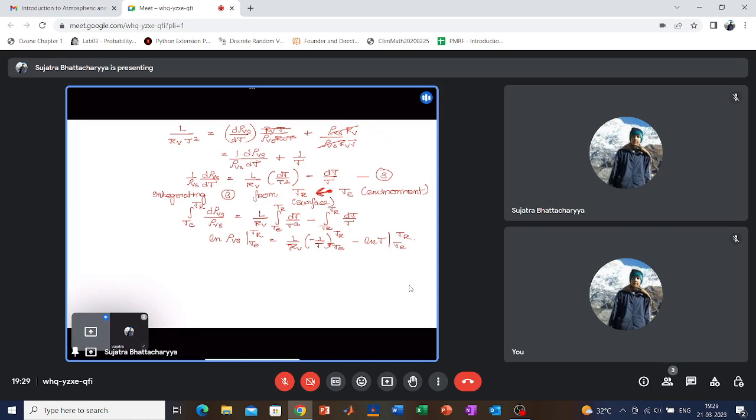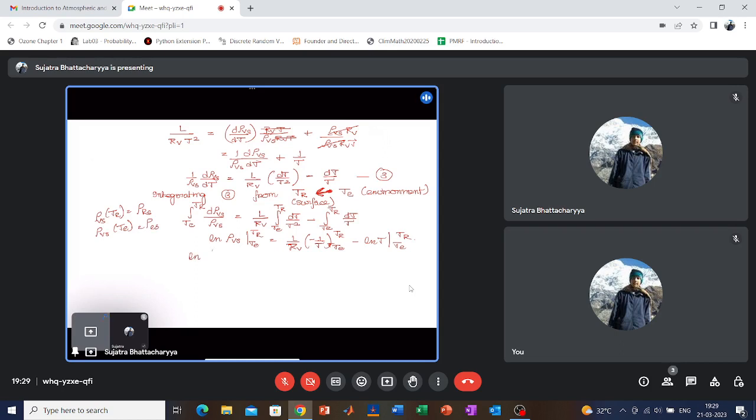Now let us consider that rho Vs of Tr is equal to rho Vs, and rho Vs of Te will be equal to rho Es. Just writing that.